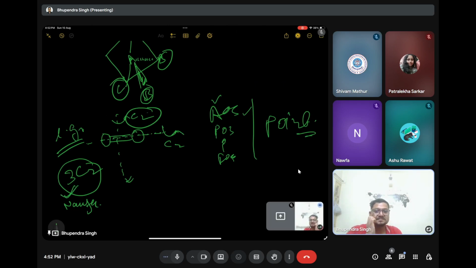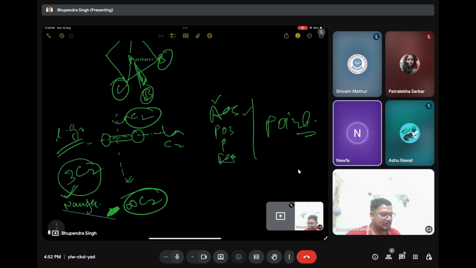But there is a mistake. There are infinite number of C2s present. Am I correct? Yeah, sure. First, let's try to find C infinite.